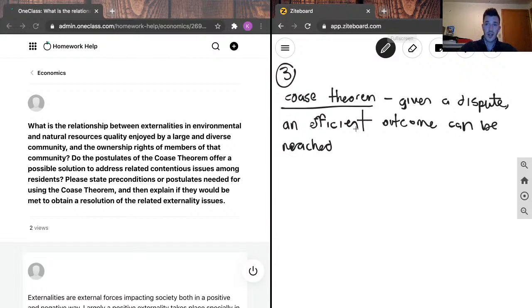Given a dispute, an efficient outcome can be reached if property rights are assigned and there are no transaction costs.